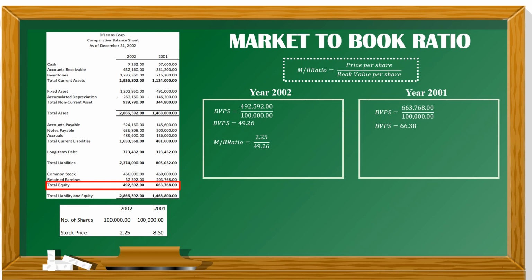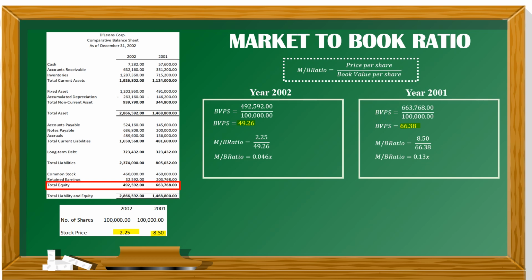Now, we will get the market to book value ratio. So again, we have here the price per share, that is 2.25 divided by its book value per share, which is 49.26 for 2002. And then for 2001, we have the share price of 8.50 divided by its book value per share of 66.38. So in 2002, we have a market to book value ratio of 0.046, and then in 2001 we have a market to book value of 0.13 times.